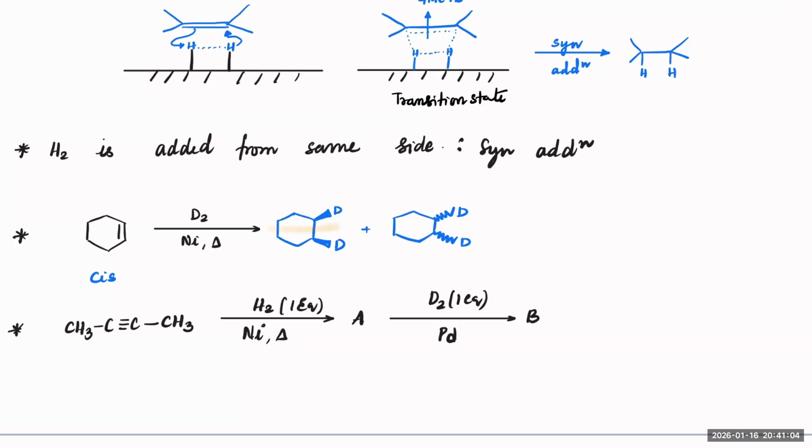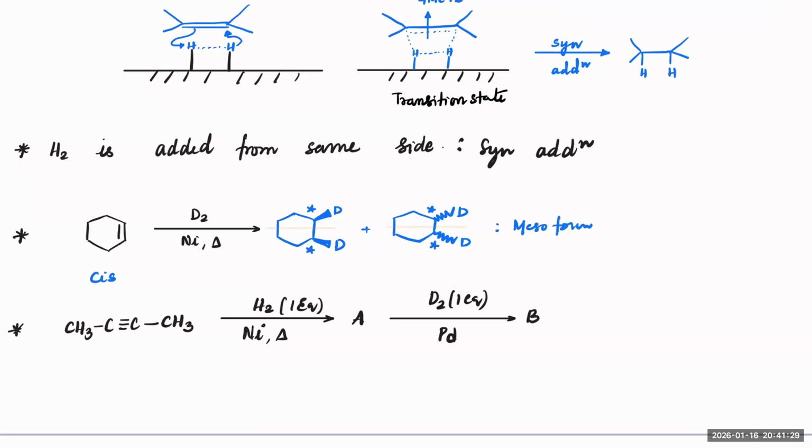Well, not exactly. Reason being, if you may have noticed here, there is a plane of symmetry running through it. Although these two are chiral centers, there is a plane of symmetry running through it, and that makes it a meso form.